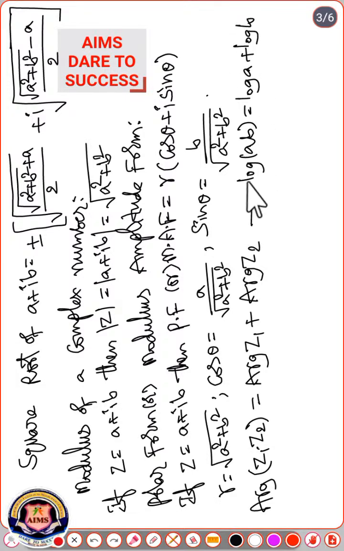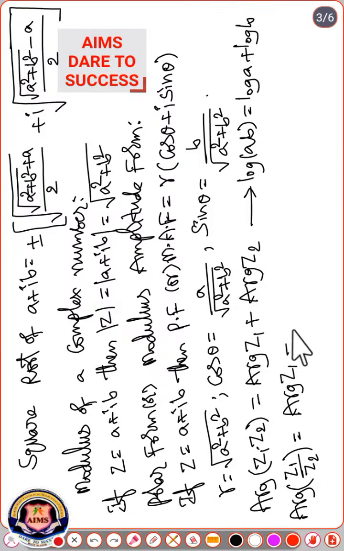According to that concept, arg z1 into z2 is equal to arg z1 plus arg z2. Like this, my dears. One more, arg of z1 by z2 is equal to arg z1 minus arg z2.